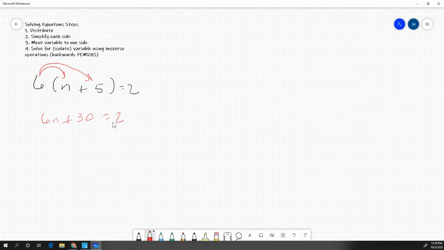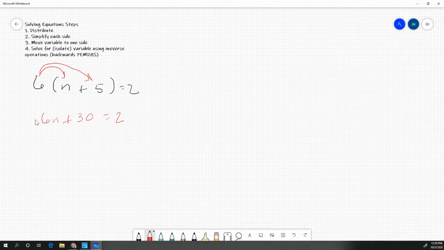Because now I have 6n plus 30, and the whole idea is to get n all by itself. Now, our next step says to simplify each side, but each side is as simplified as it can get. I cannot combine the 6n plus 30 because they're not like terms, and there's nothing to combine with the 2. So the next part says move variable to one side.